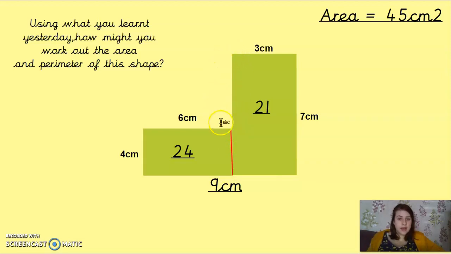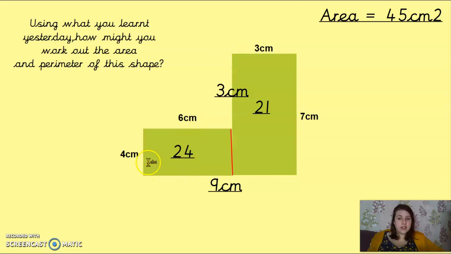So to work out the length of this side, we need to take our 7, which is the total length, and we need to take away 4 from it, which is going to give us 3. So I know if I add 3 and 4, 4, 5, 6, 7, it gives me 7. So I know that the length from this line to this line is 3. Then I've got all my lengths.